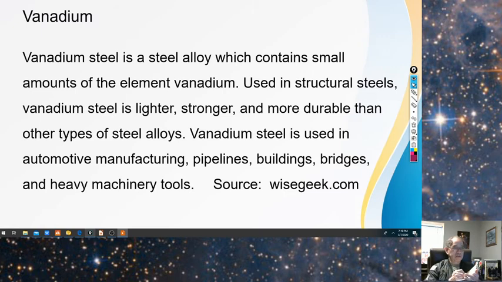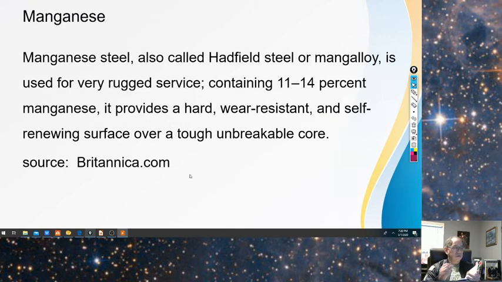Well, know what vanadium steel is. And uses. Okay? Manganese steel.